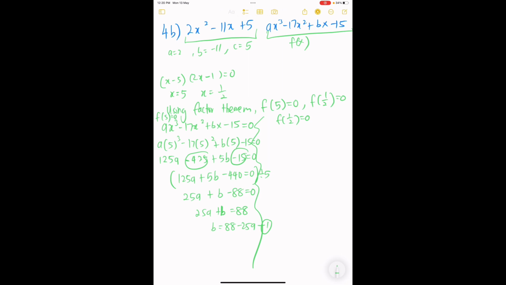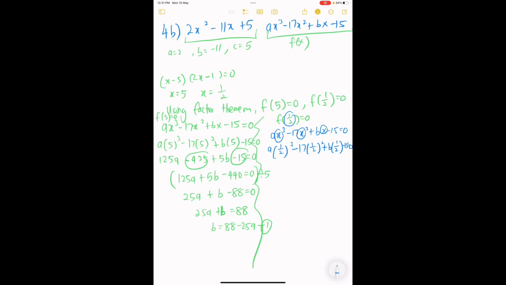The second equation, your x value is 1/2, and you put inside the function f(x). So ax cubed minus 17x squared plus bx minus 15 equals 0. So change the value of x. So a times half power 3, b times half, minus 15 equals 0.